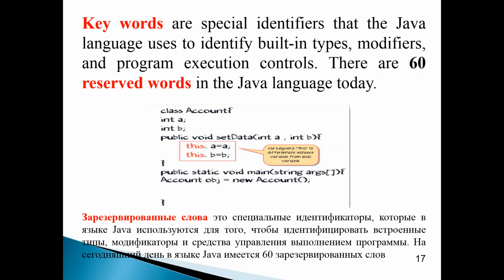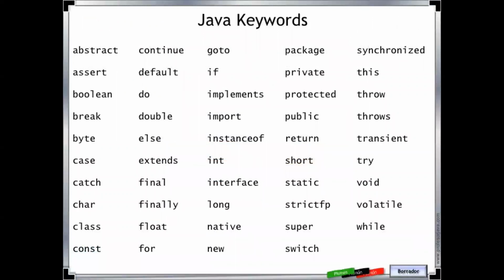There are 60 reserved words in the Java language today. In this picture, you can see Java keywords. You should remember them with practice.